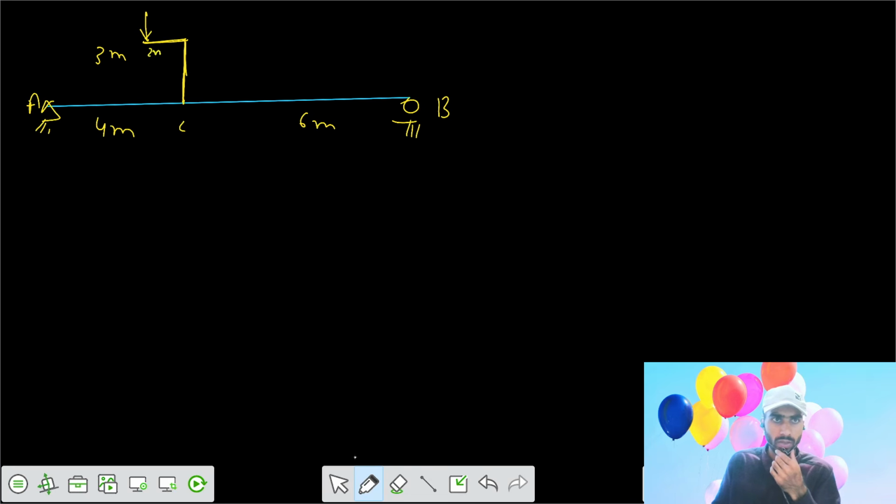So this is 2 meter, this is 3 meter, and loading was 2.